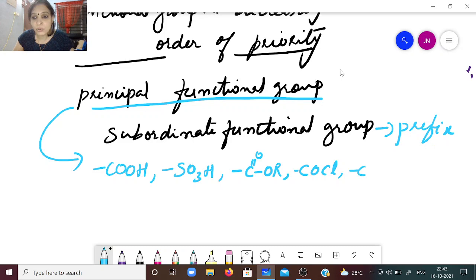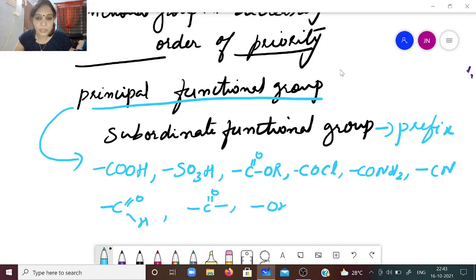Then CONH2, amide. Then CN, nitrile group. After that, C double bond O H, that is aldehyde. Then C double bond O C, ketone.